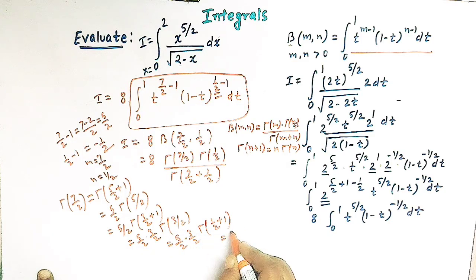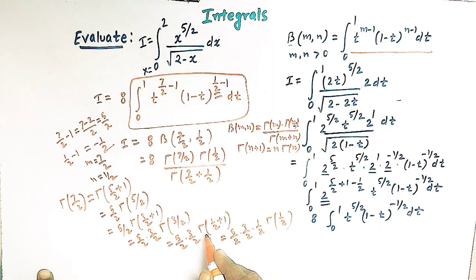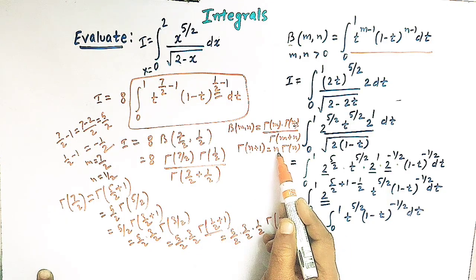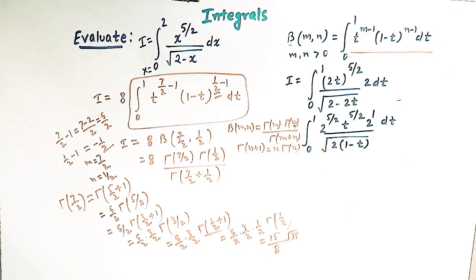So we can now write 5 over 2 times 3 over 2 times half, and then we have gamma half. Here again we have used this result. Now 5 times 3 is 15, and 2 times 2 times 2 is 8, and gamma half is given by square root of pi.